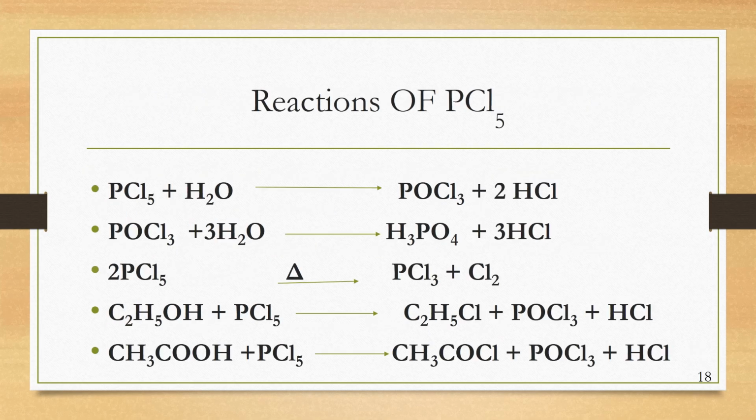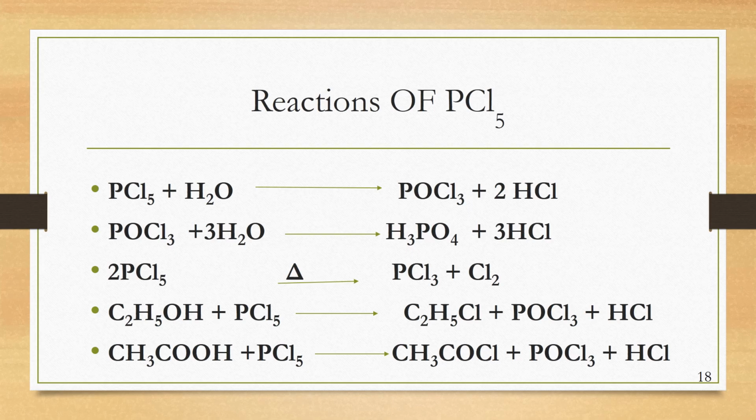Coming to the reactions of phosphorus pentachloride, similar to PCl3, the reactions are one and the same, only the side products will differ. First case, when phosphorus pentachloride is treated with one molecule of water, it forms POCl3 along with HCl.